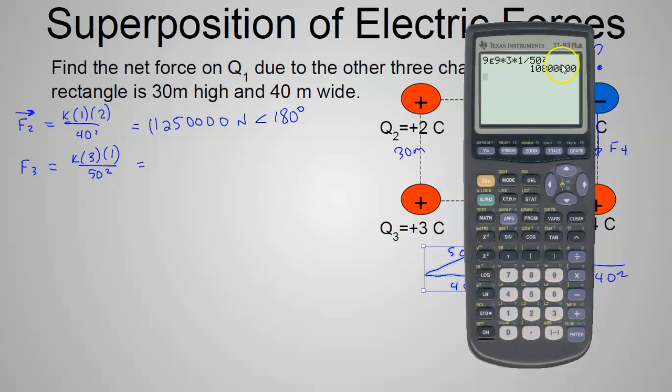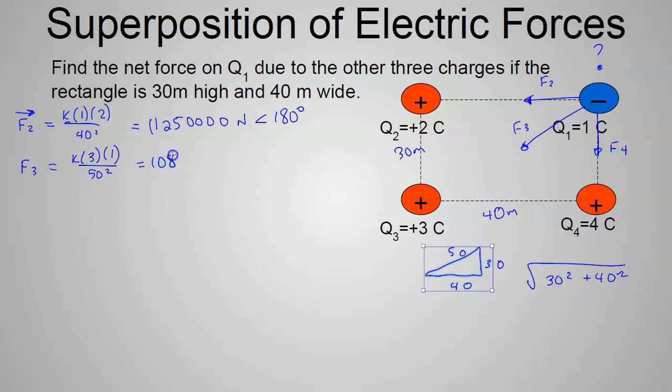Okay, 108 and 5 zeros. They didn't give me that angle either, did they? Well, what I would like to know would be the angle that runs from here. I was trying to get green.